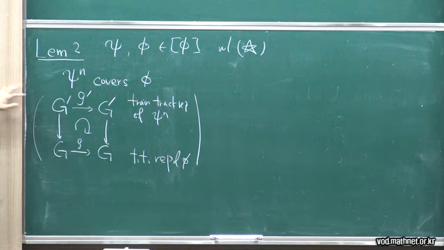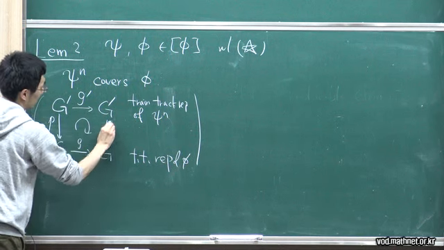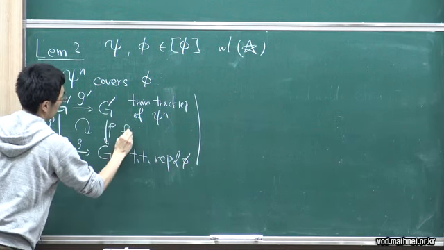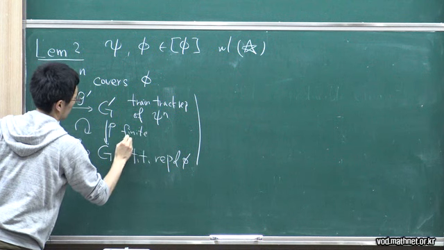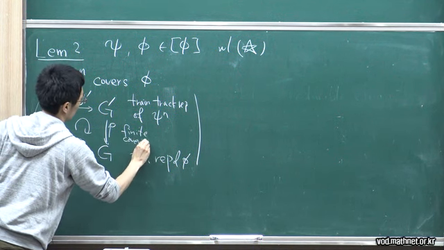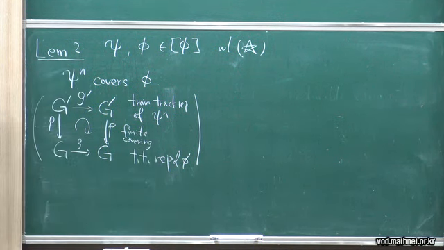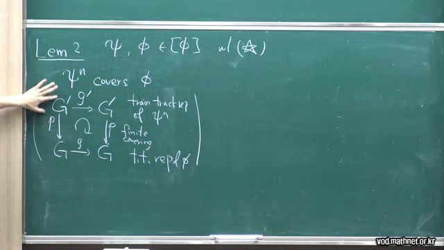So this is the finite covering, sorry, here's the finite covering. And since this G prime covers D, I would like to call G prime symmetric.